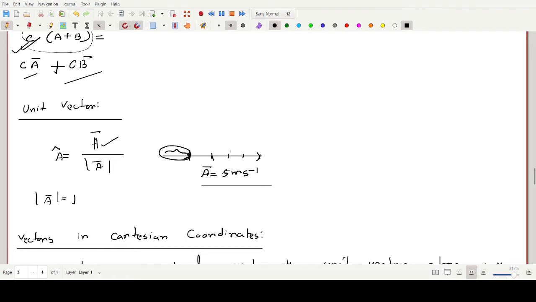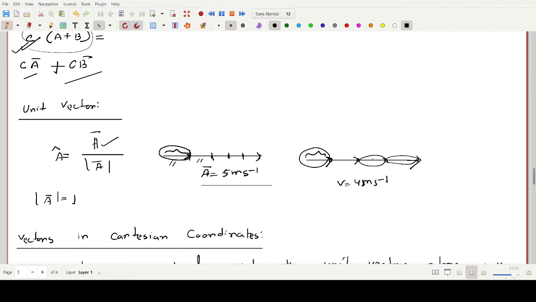Let's say these are the divisions of the velocity graph. That is, this is 1 unit, this is 1 unit, this is 1 unit, this is 1 unit. Let's say this is v equals 4 meters per second. So this 1 unit is basically the unit vector. If you put an arrow here, you can also call this a unit vector. You just need to put an arrow here. Remember one thing, the magnitude of a unit vector is always 1.